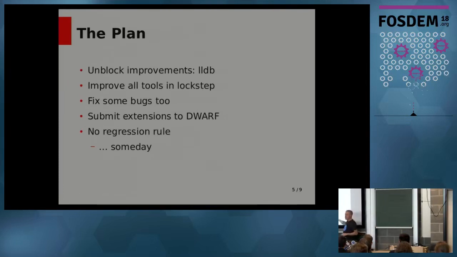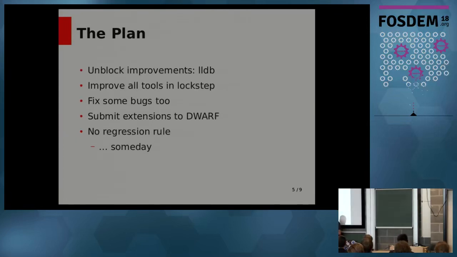And then as we go through this list of all the things in Rust that don't quite work yet with the debugger, we'll find that we need new things from Dwarf. And so my plan is to submit a bunch of extensions to Dwarf. There are already at least two, I think, in LLVM and in the Rust compiler that I haven't even filed with the Dwarf standard yet.